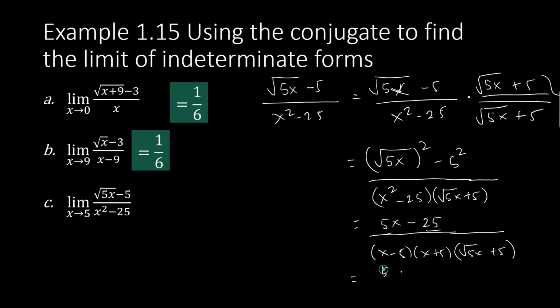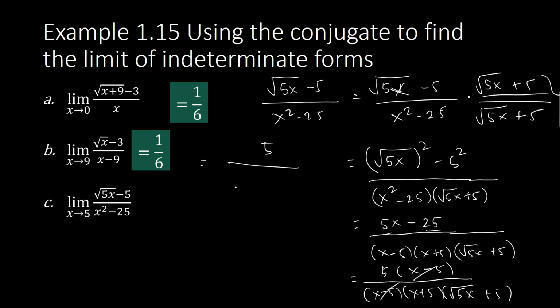So it's going to be 5 times x minus 5, divided by x minus 5 times x plus 5, and then times the square root of 5 times x plus 5. Okay, so look at this. x minus 5 divided by x minus 5 is equal to 1. And so what we have here now is 5 divided by x plus 5 times the square root of 5x plus 5.